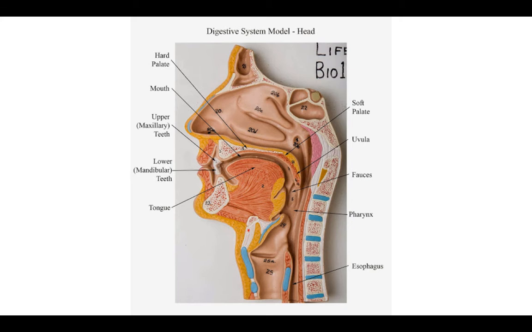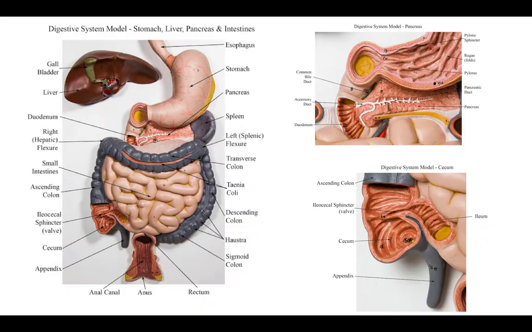Those peristaltic contractions propel the food all the way down this long tube called the esophagus. The esophagus makes its way down through the diaphragm.